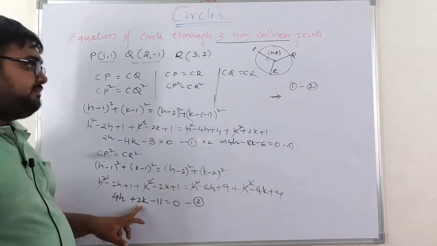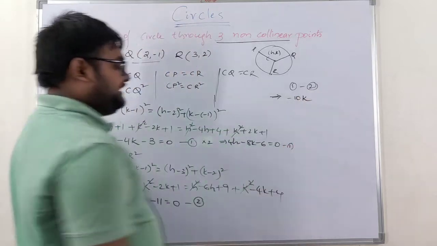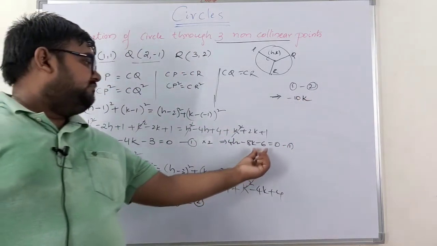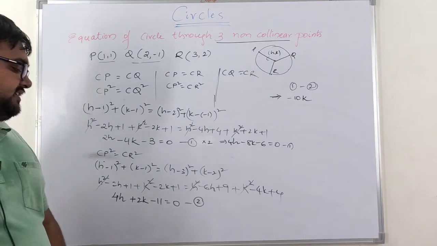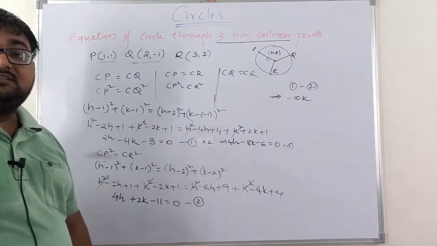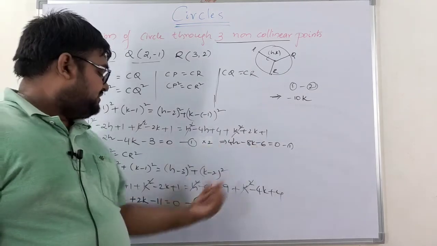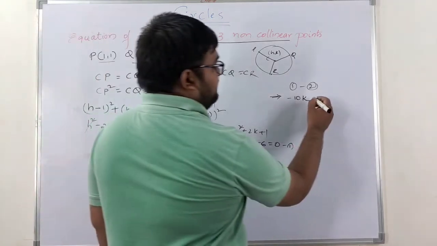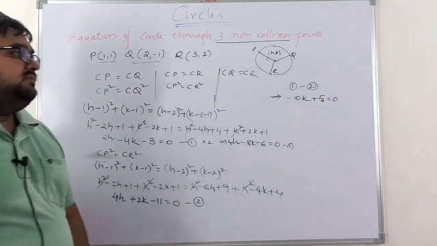Minus 8k minus 2k is minus 10k. Next, minus 6 minus of minus 11, so minus 6 plus 11 is plus 5, equal to 0, right?